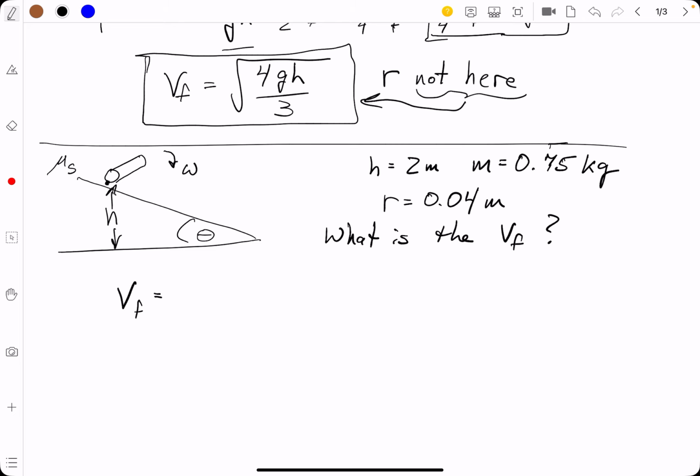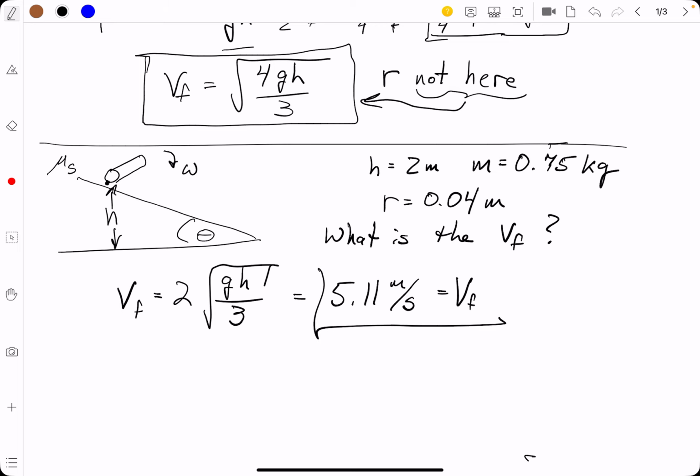All we have to do is say the square root of 4gh over 3, and simple math, and we end up with 5.11 meters per second. That's our v final. We'll box that in, and we're golden.